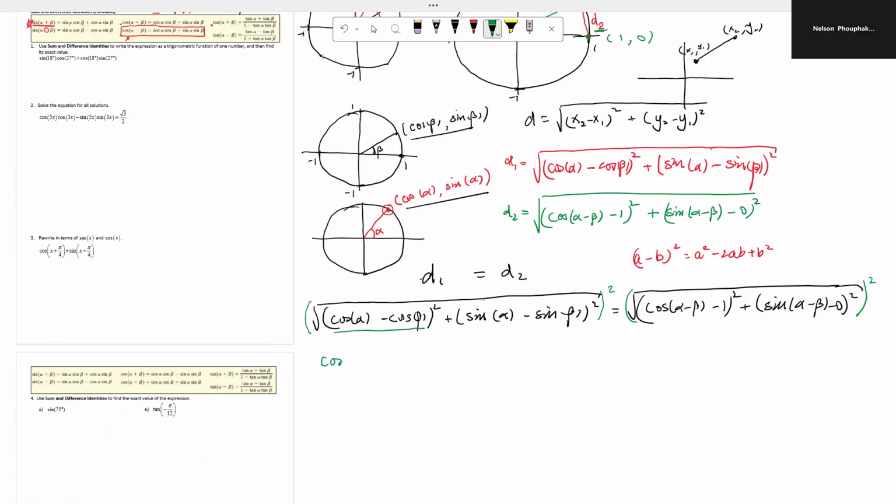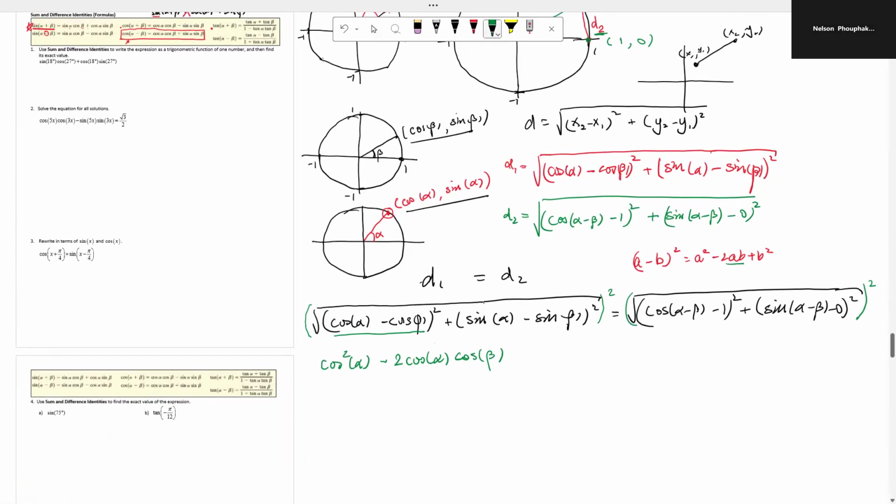I'm going to work with this one. This will be cosine squared alpha minus 2 times cosine alpha cosine beta, and then we add cosine squared beta.